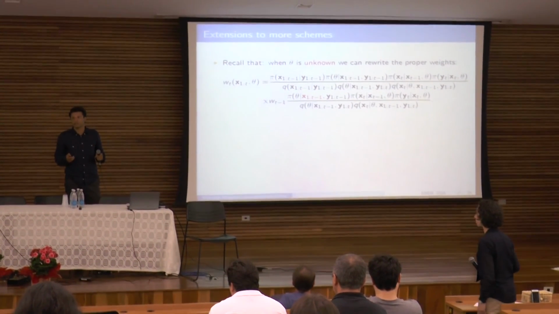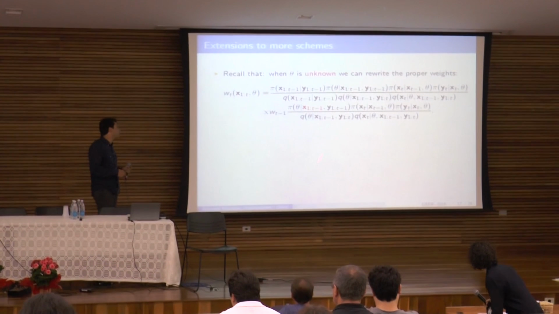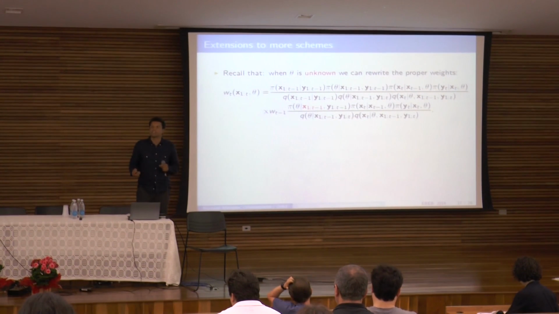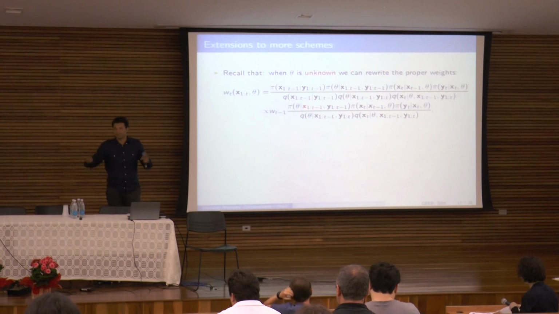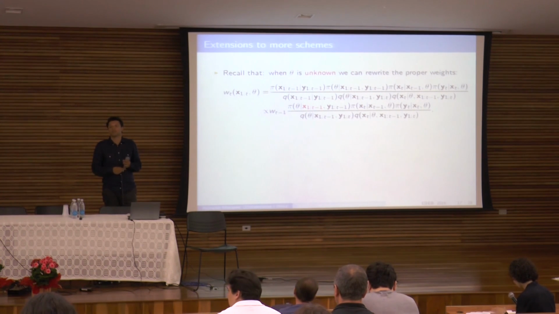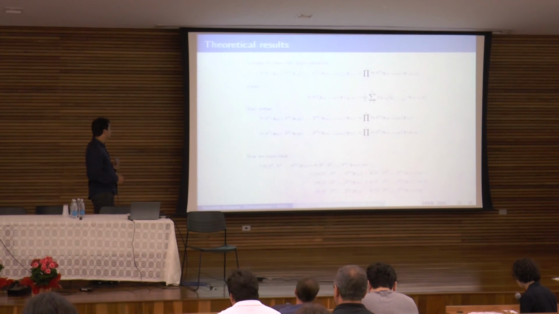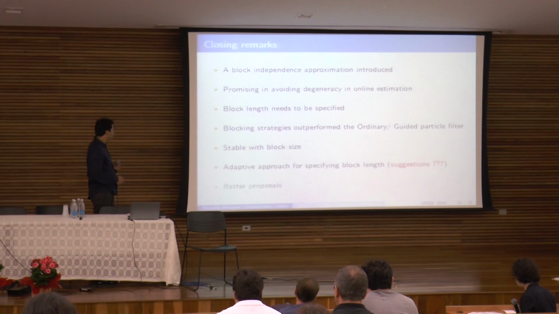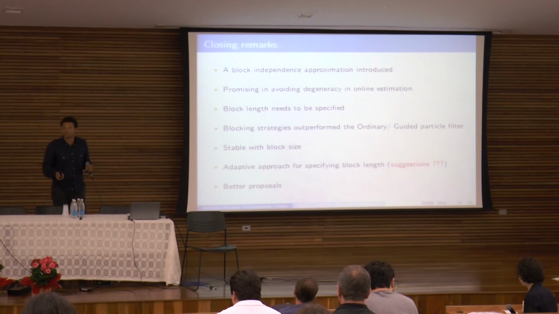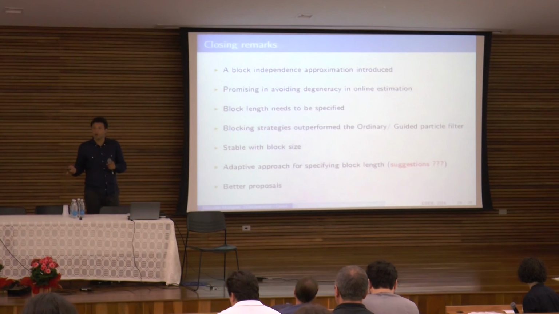The original idea of particle methods is to do it sequentially and also to learn from the past, at least from your neighbors. That's why I wrote at the end, better proposal: you can apply this if you think about the best way to connect one block to another block.